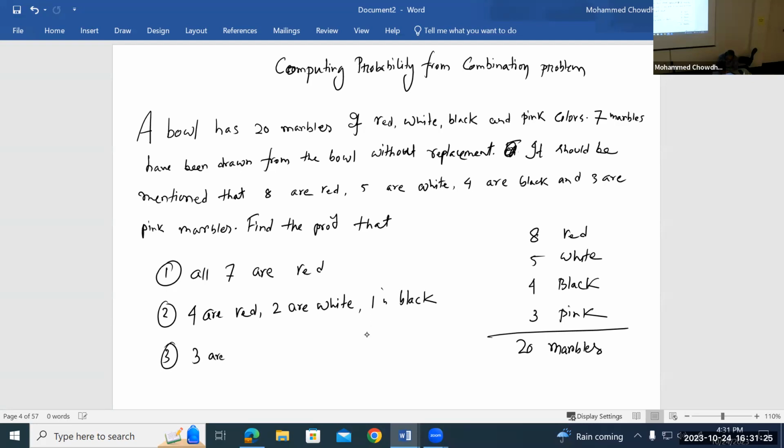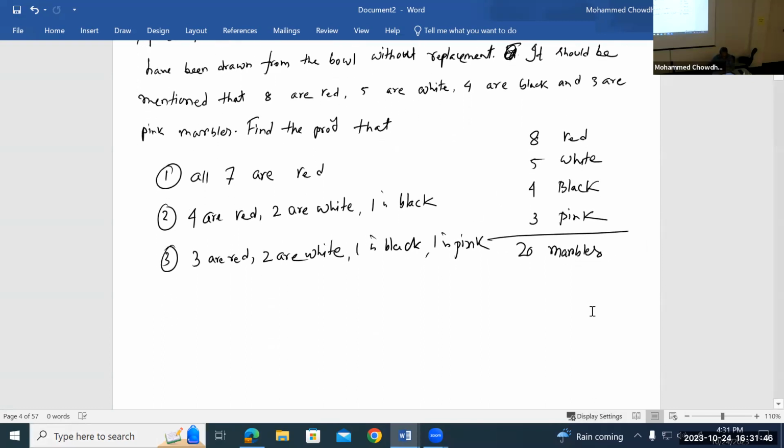Three are red, 2 are white, 1 is black, and 1 is pink.